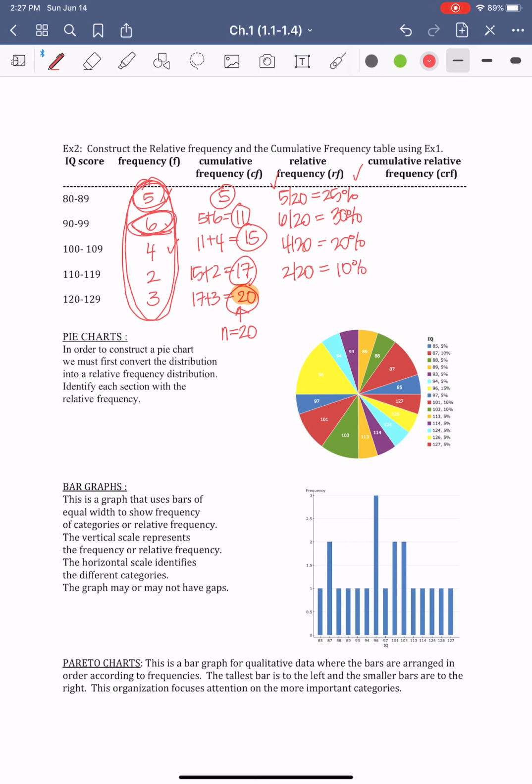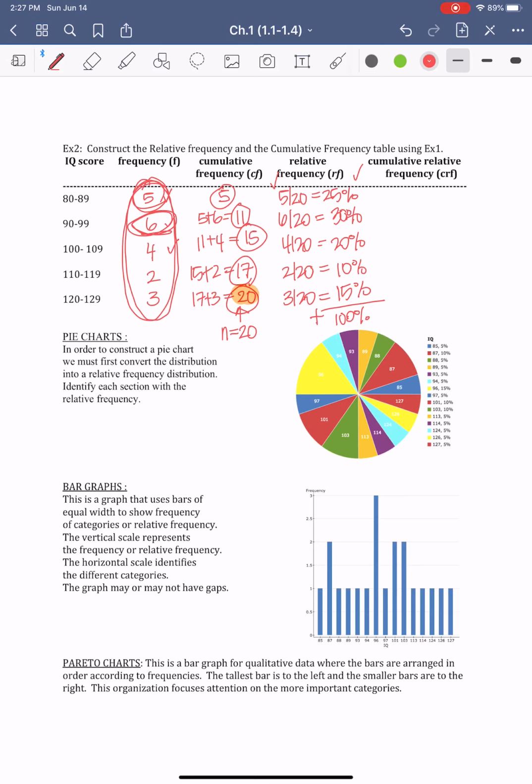Last one, 3 out of 20, which is 15%. Okay. Now, again, remember, if you're going to be adding up all these numbers, it has to add up to one number. It's the whole entire set, which adds up to 100%.